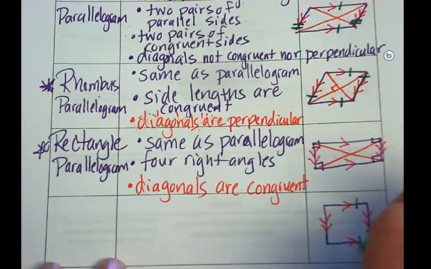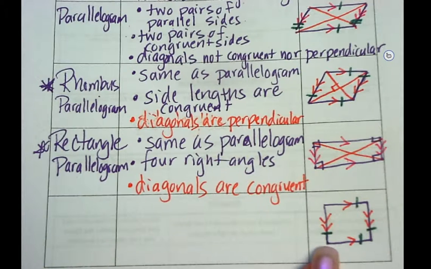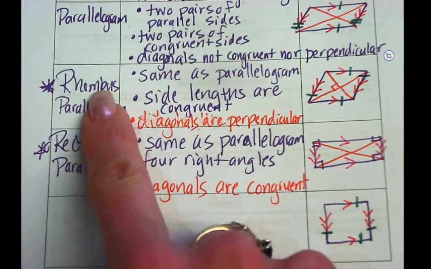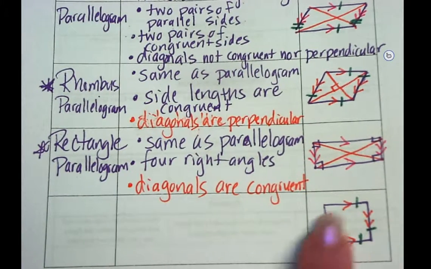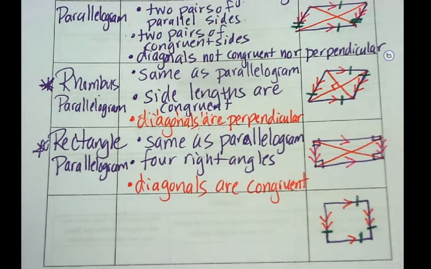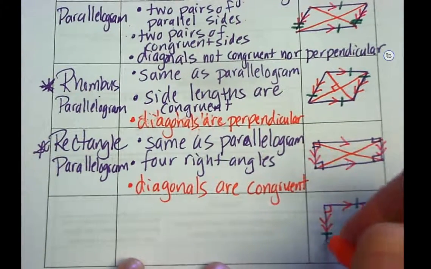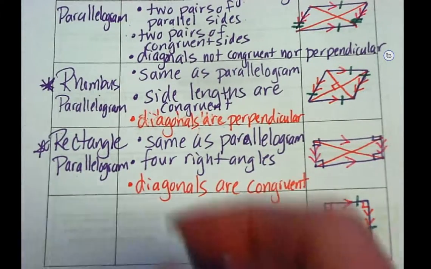What other shape has all sides congruent? A rhombus. What other special quality does the square have? It has our right angles, just like the rectangle. So this is what I'm going to write for my notes.